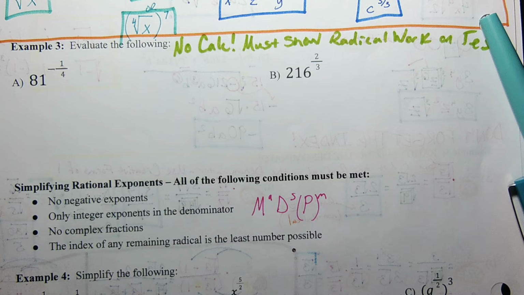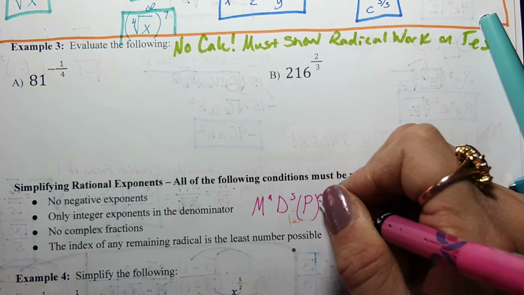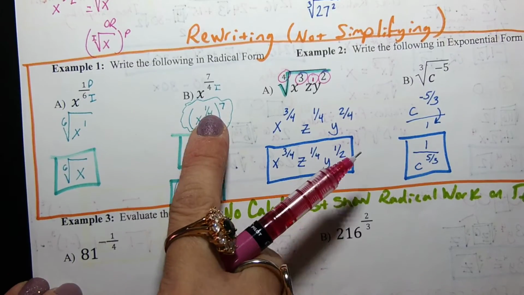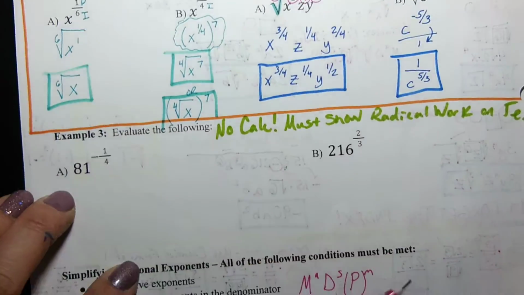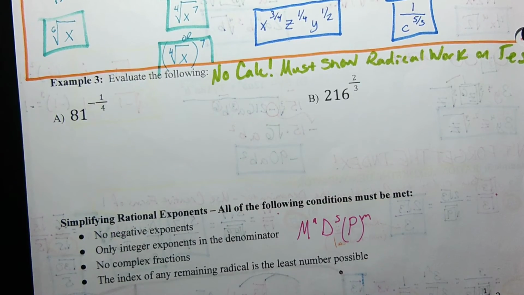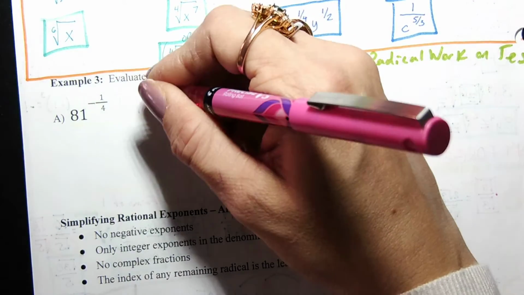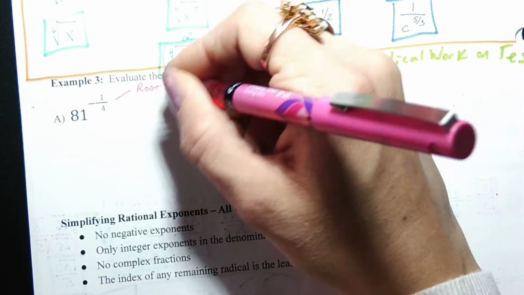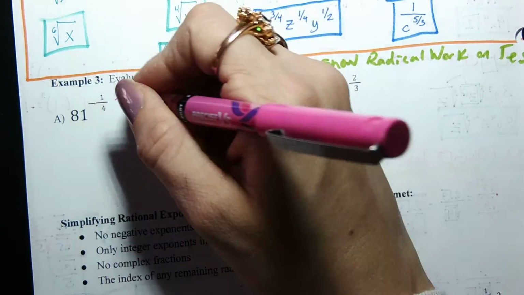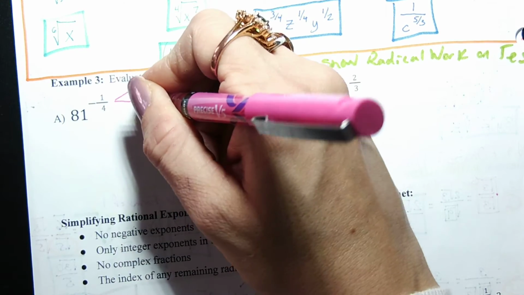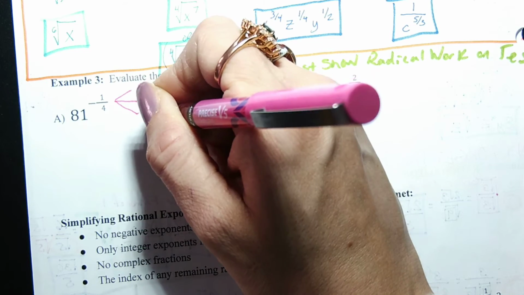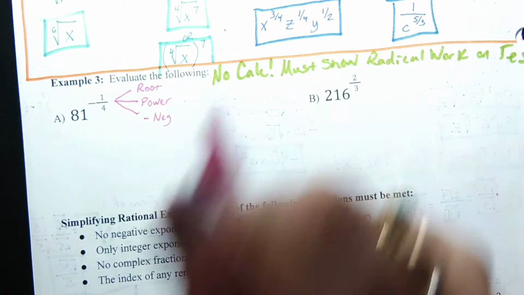So I'm going to be using powering up to kind of twist apart that power like I did in this problem. So I am going to try to change this into the root part, which will make the radical, the power part, and then the negative part, if applicable.